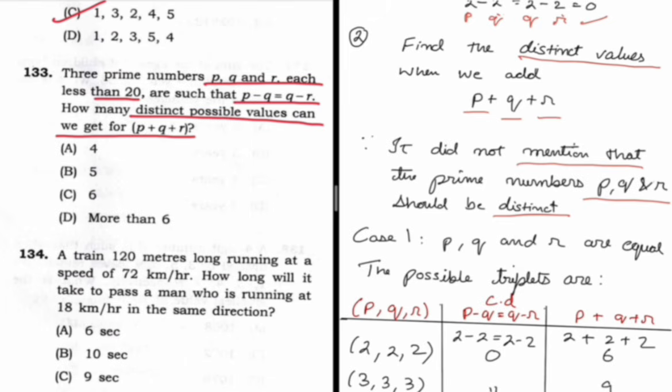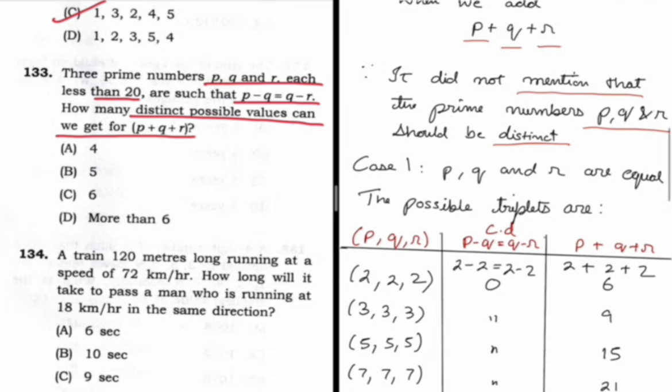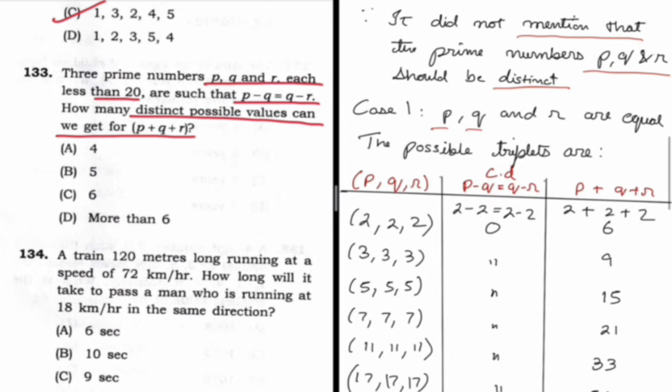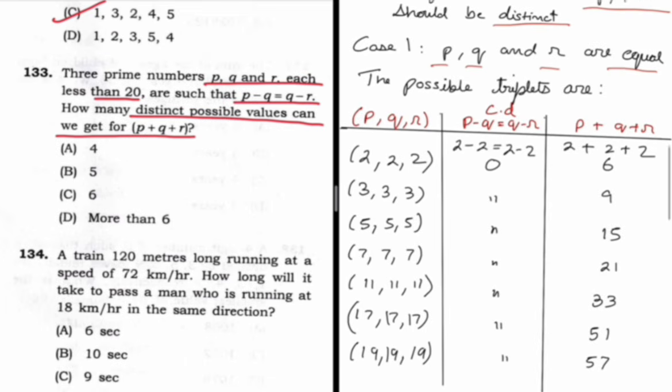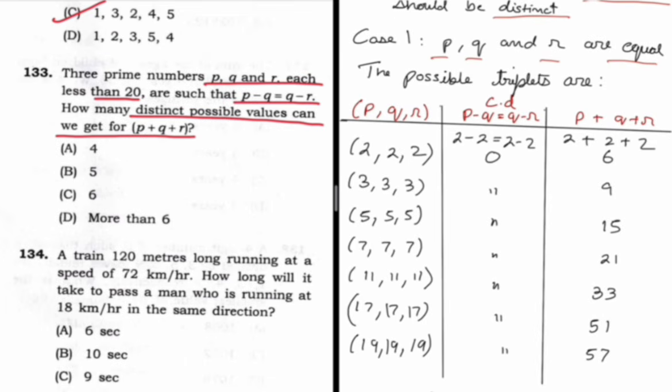So we'll take the first case where P, Q and R are equal, and the possible triplets here. This is P, this is Q, and this is R. Now if we take the common difference, of course we will get 0, and the sum for 2 is 6.